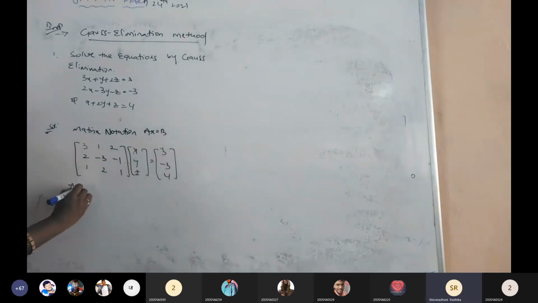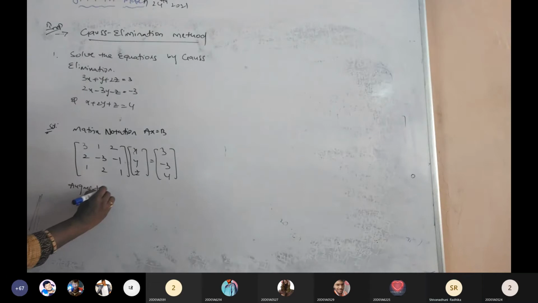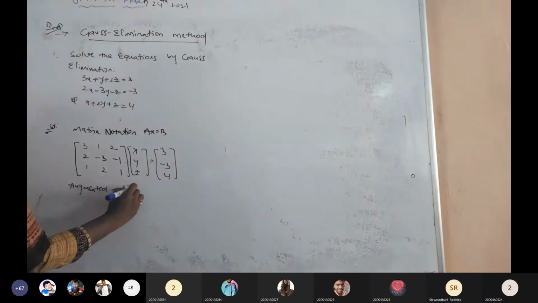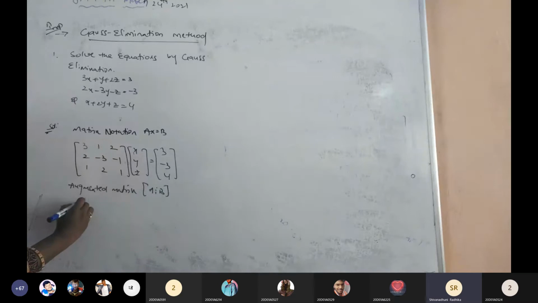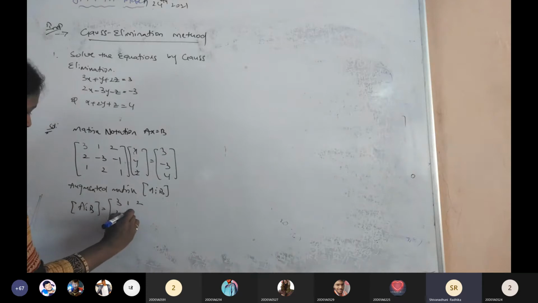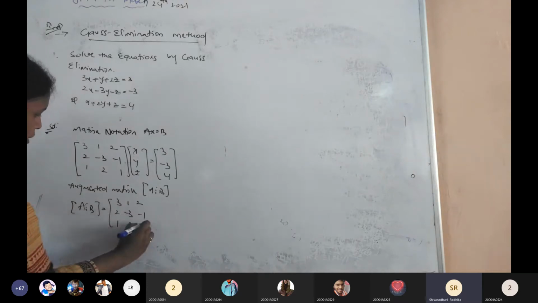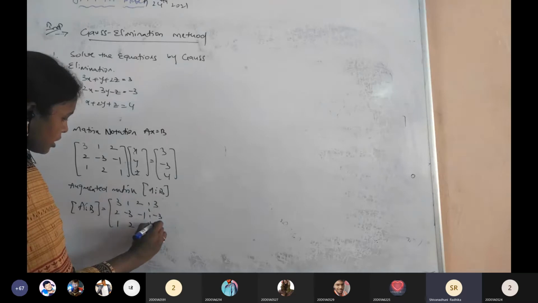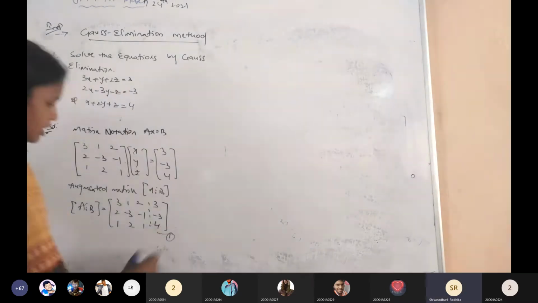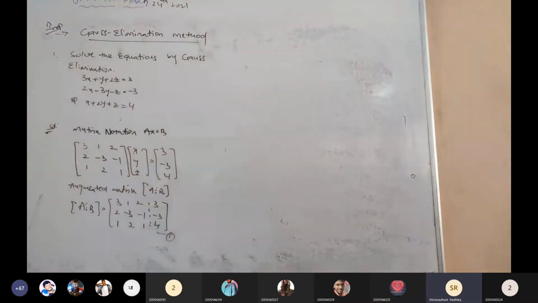Now the augmented matrix is what? A dotted lines with the B. Here the augmented matrix can be written here what? 3, 1, 2, 2 minus 3 minus 1, 1, 2, 1. Constant matrix 3 minus 3, 4. Clear. Change the matrix into echelon form.